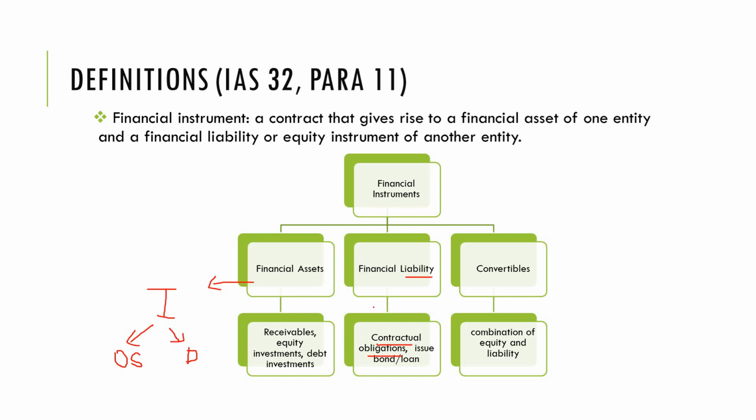And the last type of financial instrument is what we call the convertibles. Convertibles are quite unique, whereby they have the characteristics of both equity as well as liability. For the convertible part, I will explain more later when we look into the convertible example.